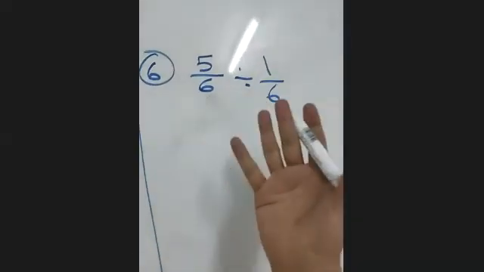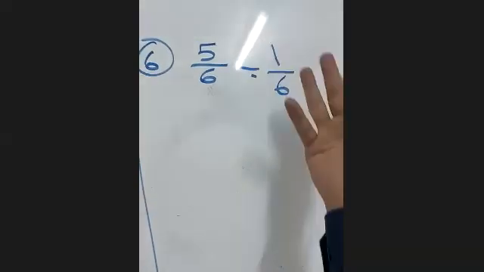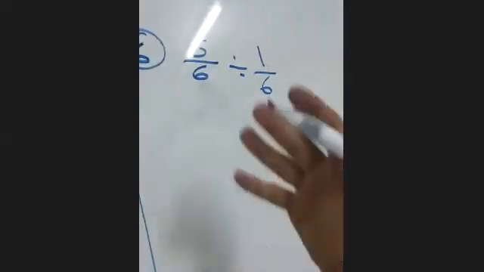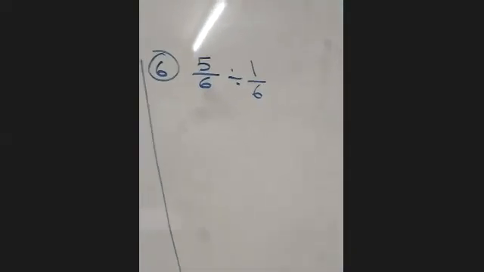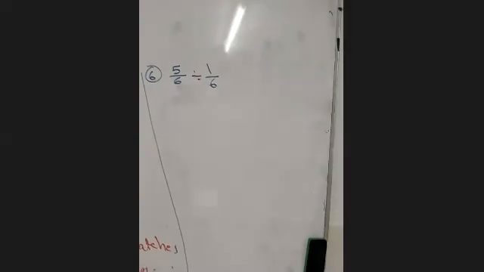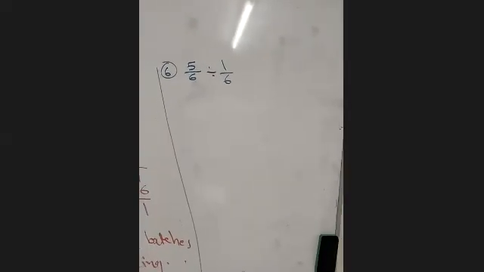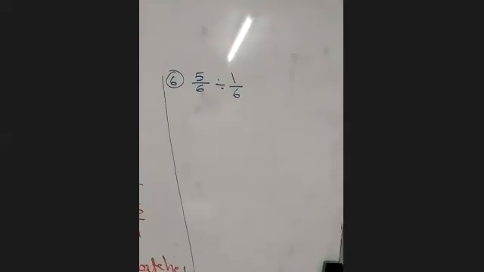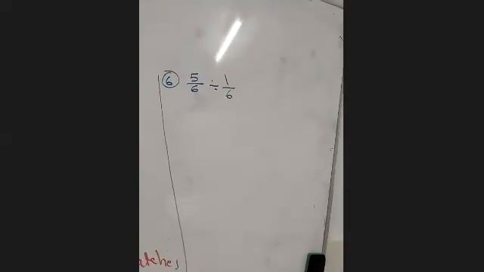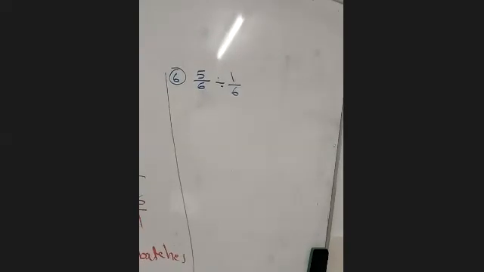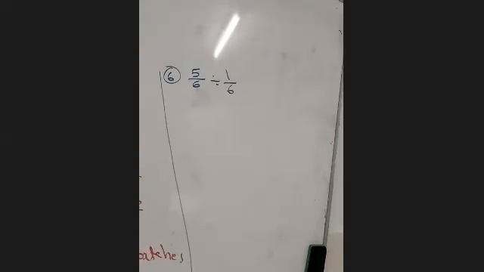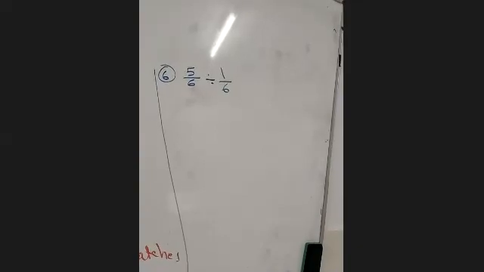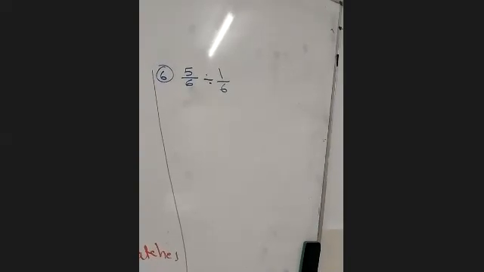We need to write a story. Any idea in your mind here? Can you give us a story, Tamim? Yes, mister, the 5 is 5 riyals and 6 is toys.